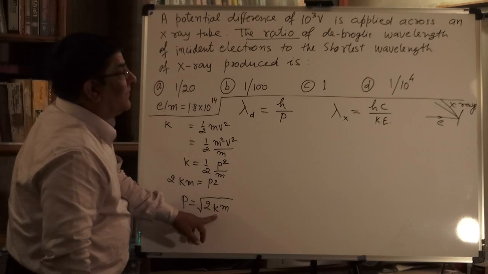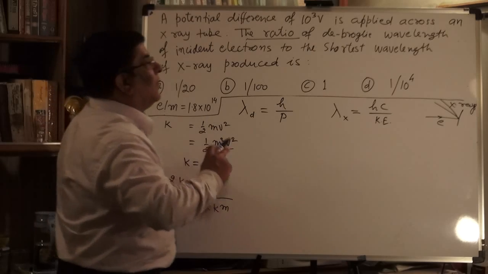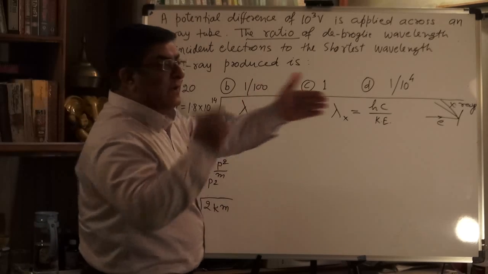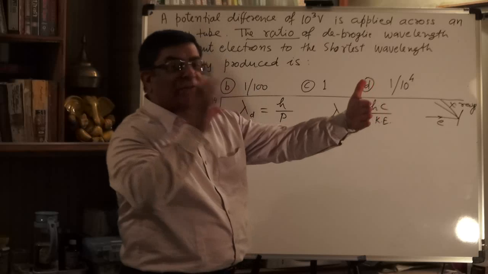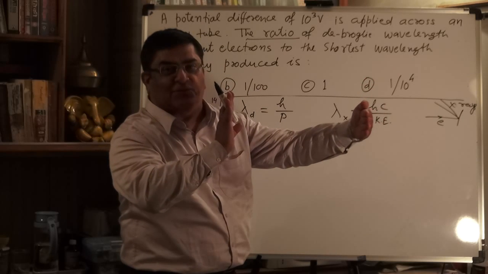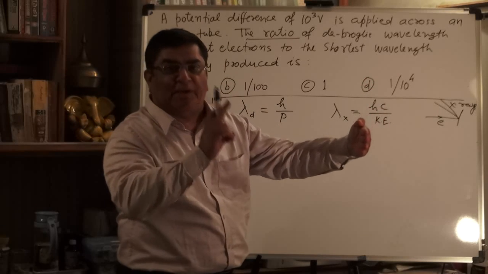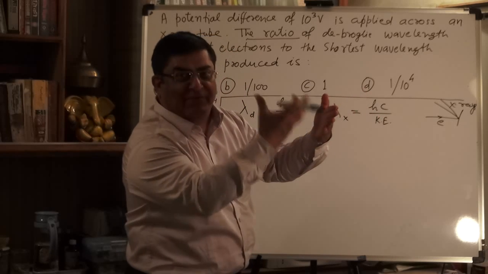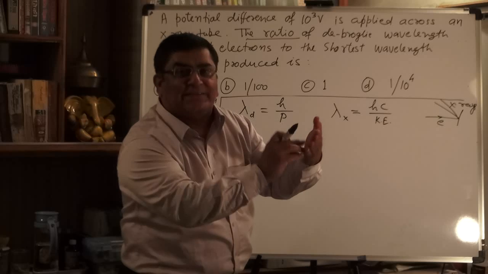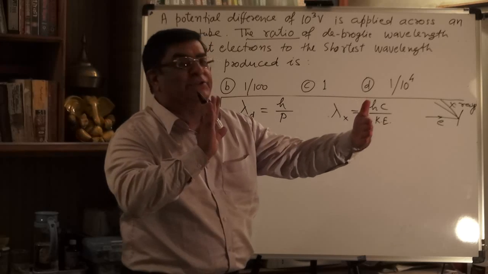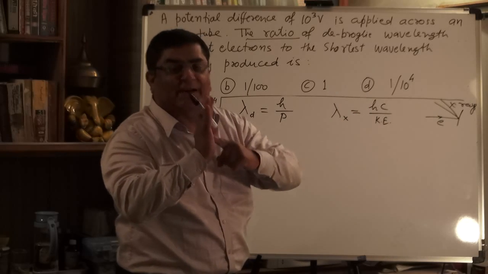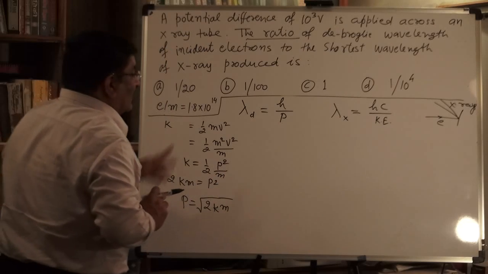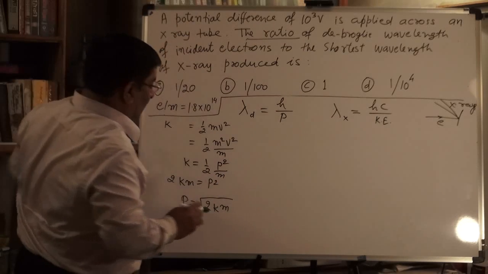Now this kinetic energy of an electron is transferred from its potential energy. When an electron moves in a tube, initially we give it a potential difference V. It has an energy V into e, and when it goes here, it develops velocity and has kinetic energy. That kinetic energy is equal to the potential energy it had before. That potential energy is V into e.